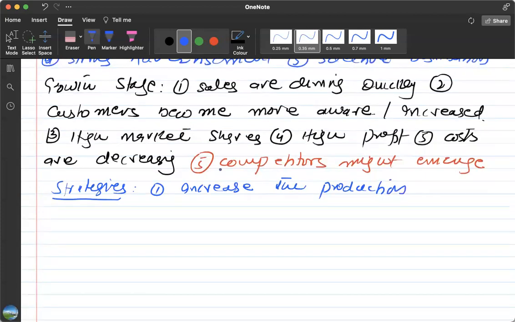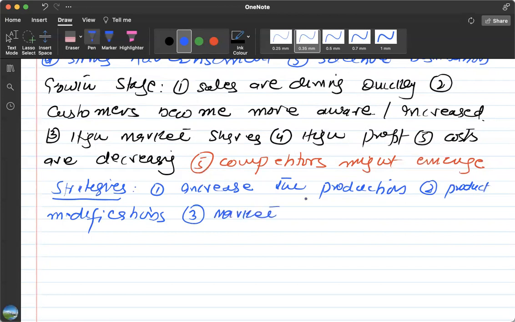We do product modification if we identify that competitors are coming. Even if we do not identify it, to stop the competitors from coming into the market, we can do product modifications. Three, we can do market modifications. We can enter into new places.